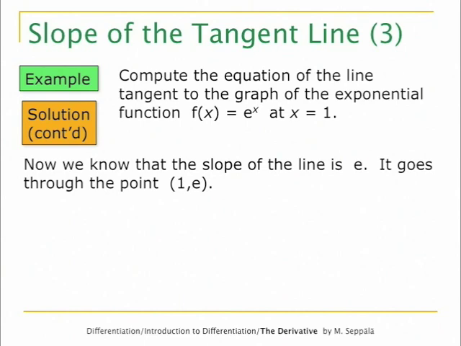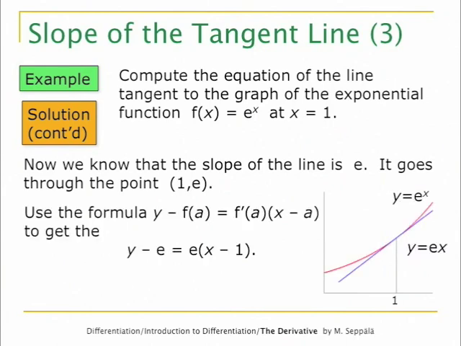The problem was to compute the equation of the line tangent to the graph of the exponential function e to the power x at x equals 1. We now know that the slope of this line is e. We also know that it goes through the point (1, e).